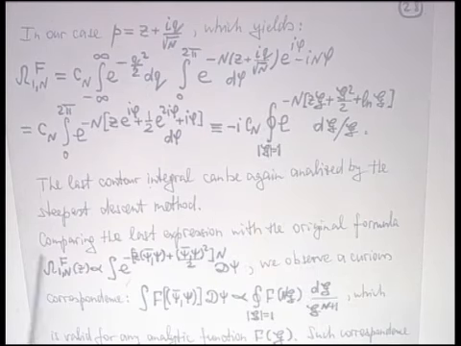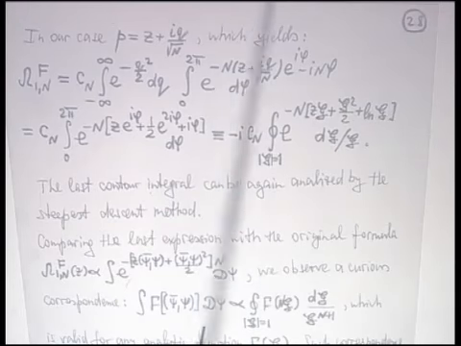So we have an alternative representation of our object, and it's also well known. It's basically a representation of the Hermite polynomial in terms of a contour integral. It's well known, and this is the way we obtained it.